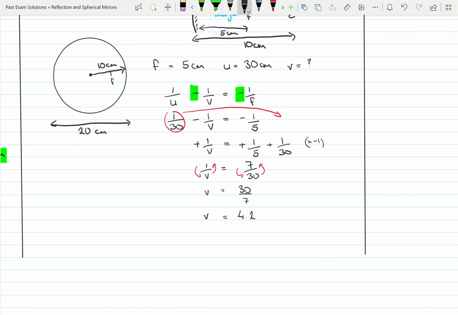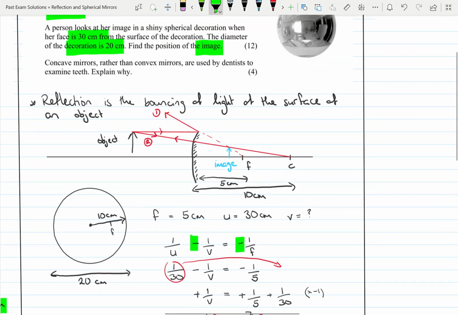And V becomes 30 divided by 7, 4.29 centimeters is where our image is going to form. Super. So we found where our image is going to form.